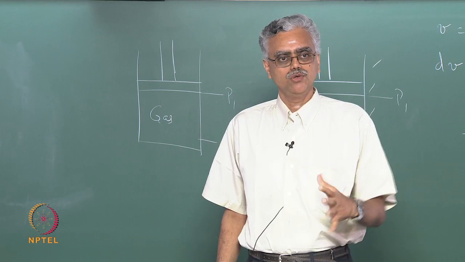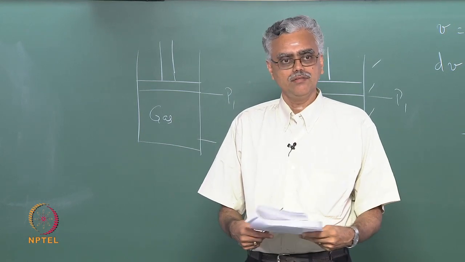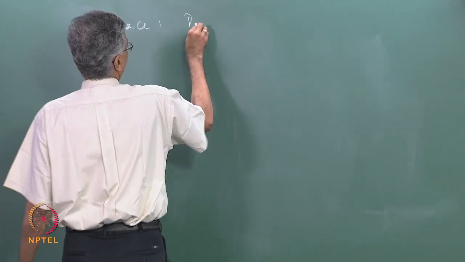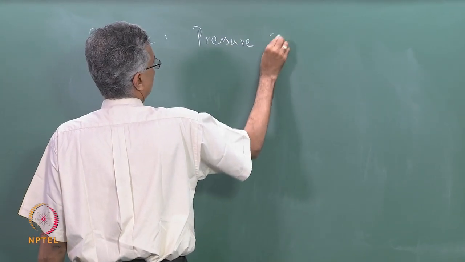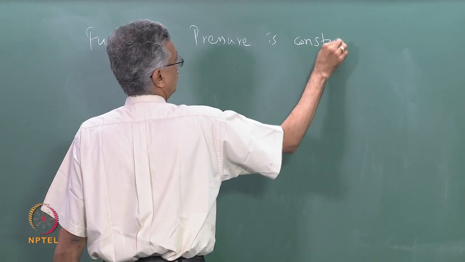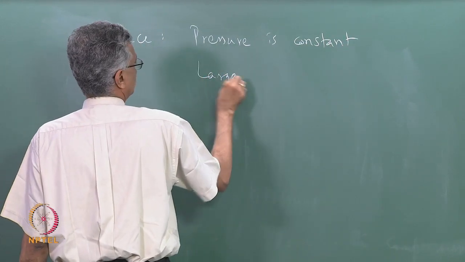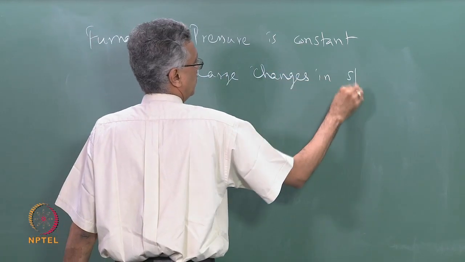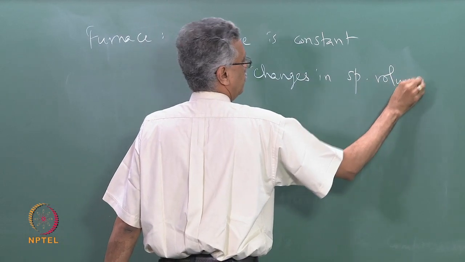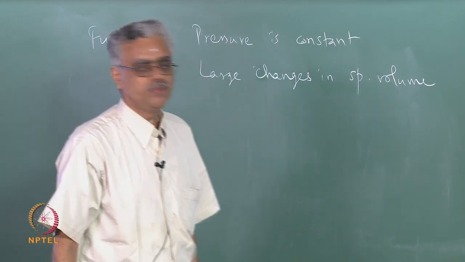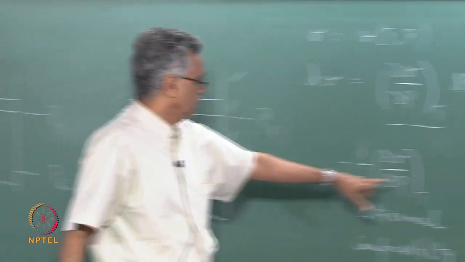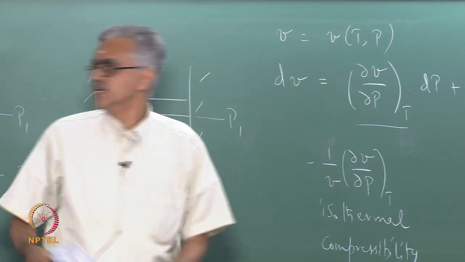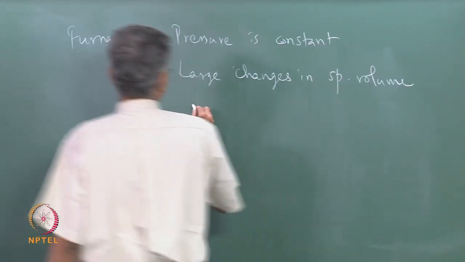So the furnace can actually operate at atmospheric pressure, but it can have large changes in temperature and specific volume. So pressure remains nearly constant, but it has large changes in temperature, which means that the second term is large, but the first term is going to be very small in the case of a furnace, right. So that means in this case compressibility effects are negligible.